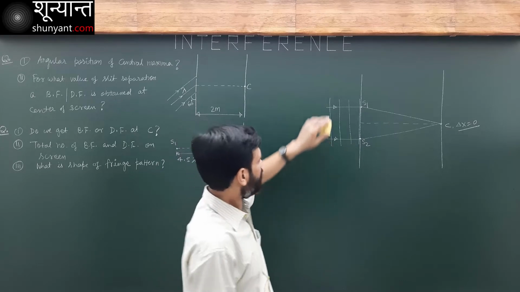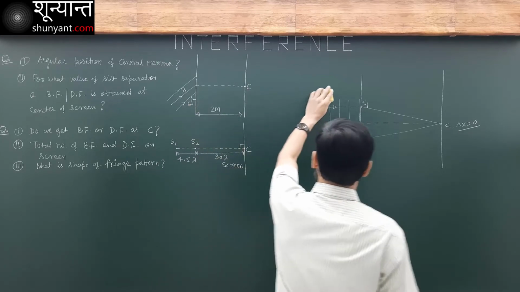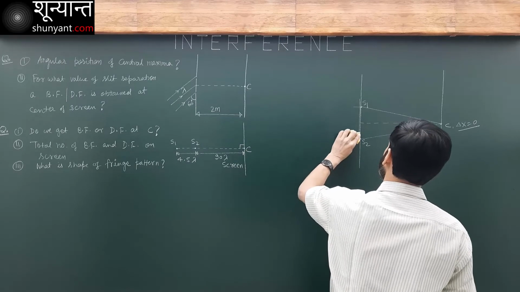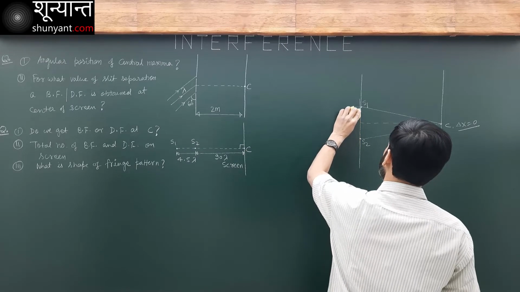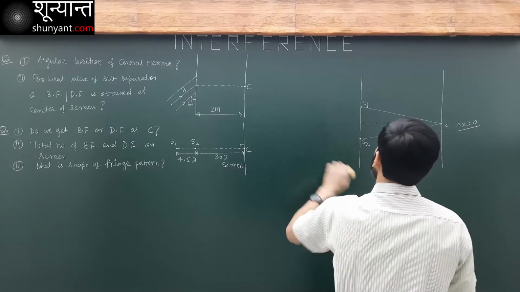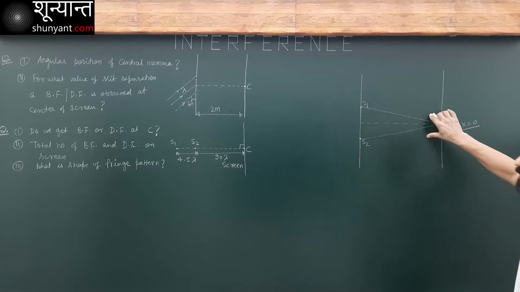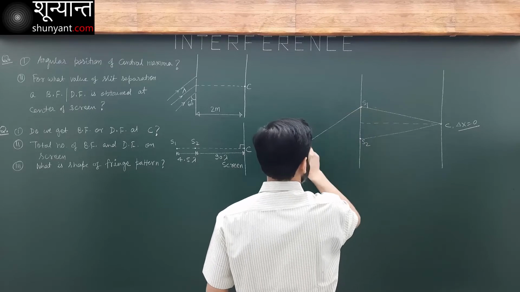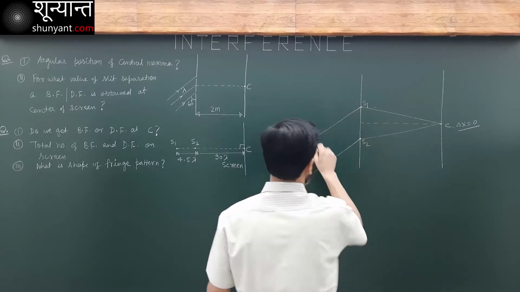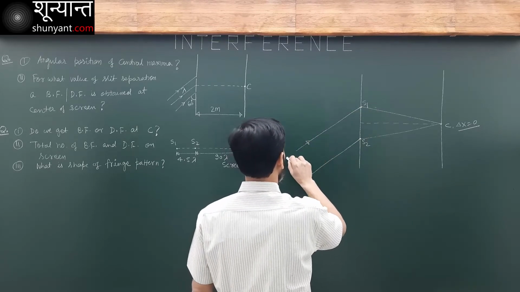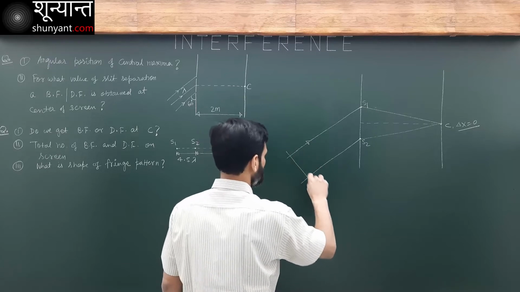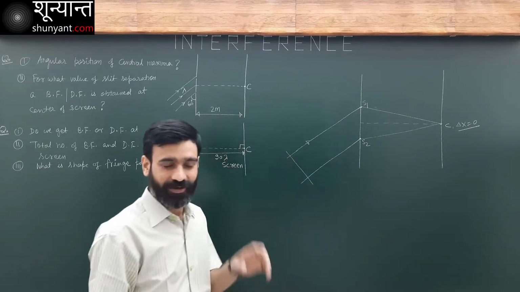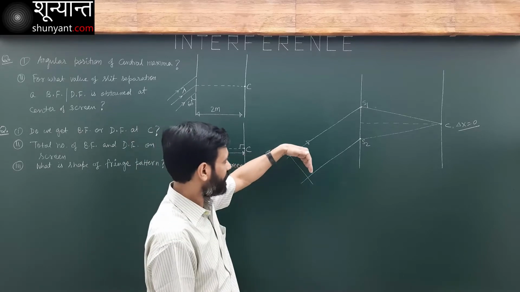Now, what will happen if the light falls at some angle? Here the light falls at some angle. From here to here there is no path difference. But look at the light here. This is the light ray, a parallel beam of light. My wave front will be normal to this beam.